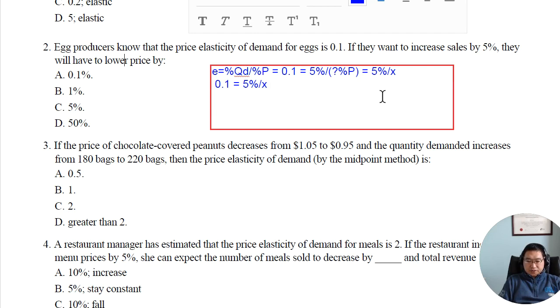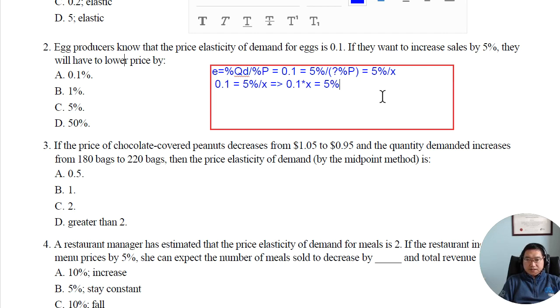And we solve for x. We need to multiply by x on both sides of this equation. We get 0.1x equal to 5%. Just make sure you understand what I'm doing.